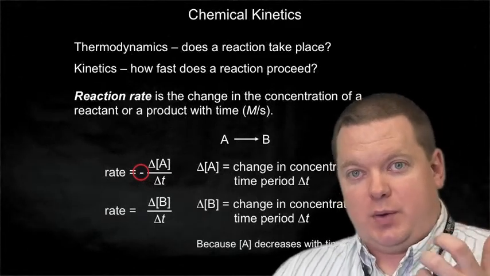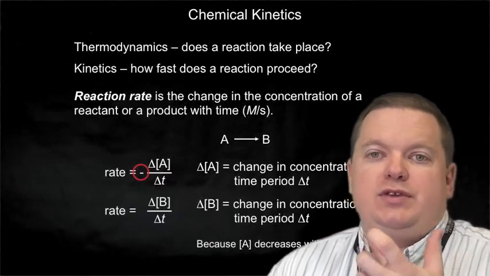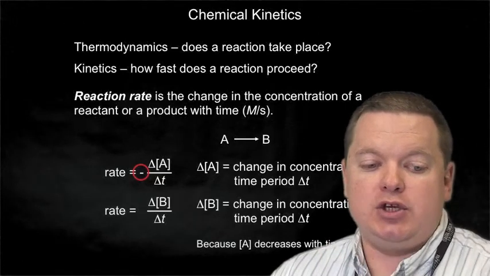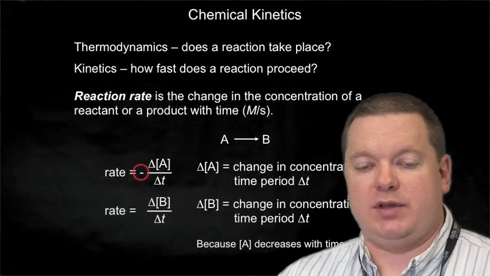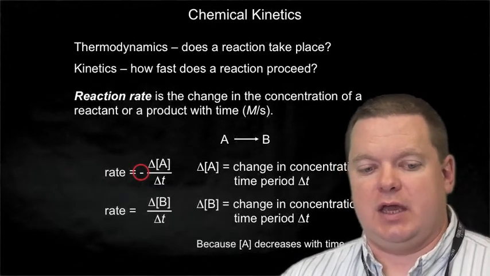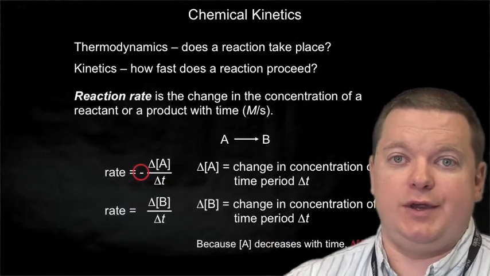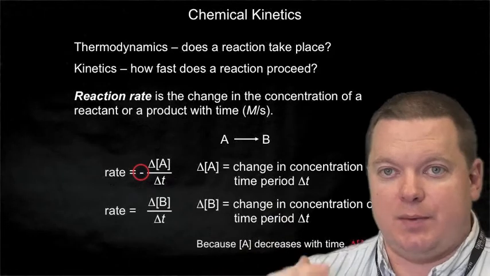So if we look at the reaction of A goes to B, then the rate of the reaction that's occurring is going to be the change in concentration we see of A over some time period delta T. Right? And if you'll notice, this rate's going to be negative because that's decreasing, so the final minus initial, if we just did that change, that would be a negative number.